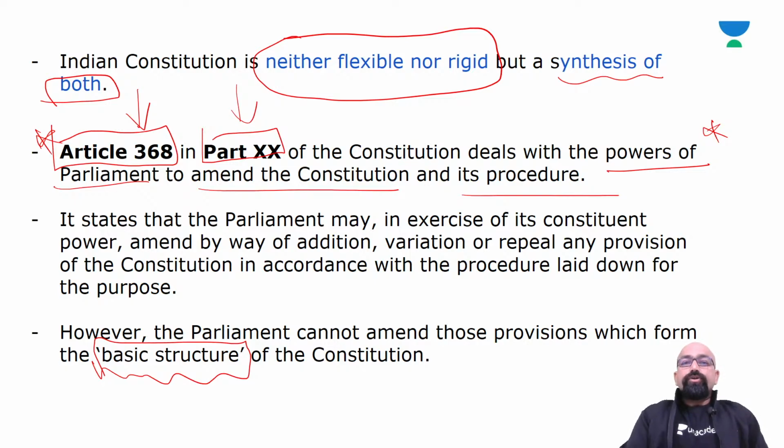Here you have to remember that the Parliament cannot amend those provisions which form the basic structure of the Constitution, which was ruled by the Supreme Court in the Kesavananda Bharati case 1973.